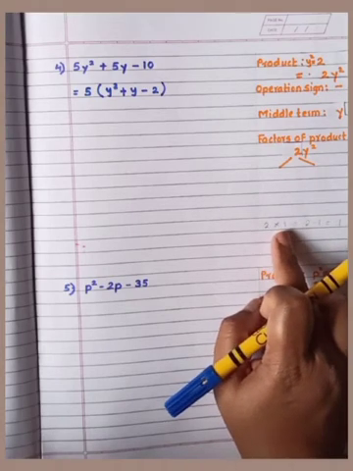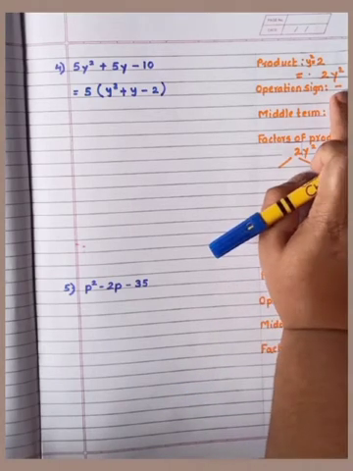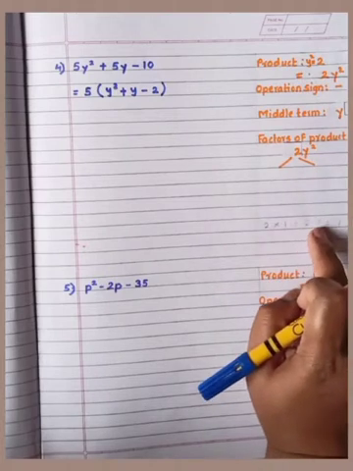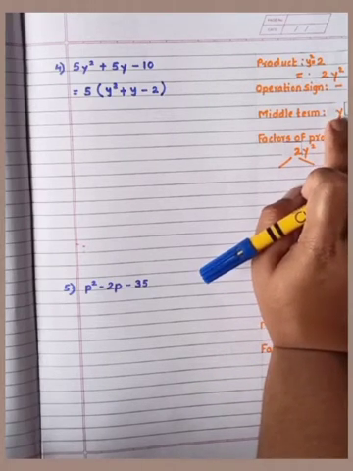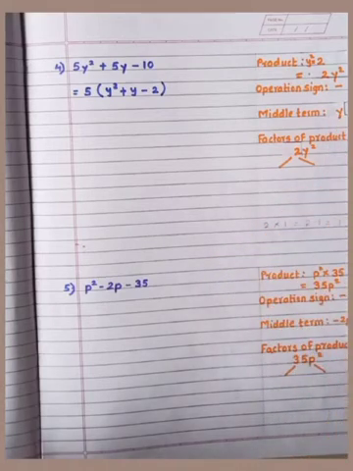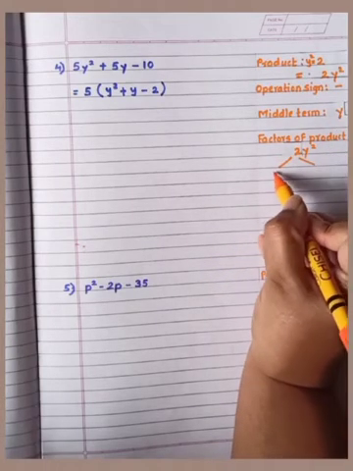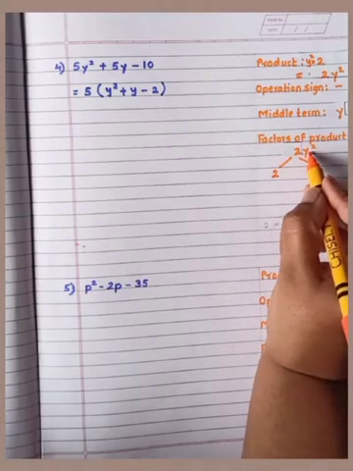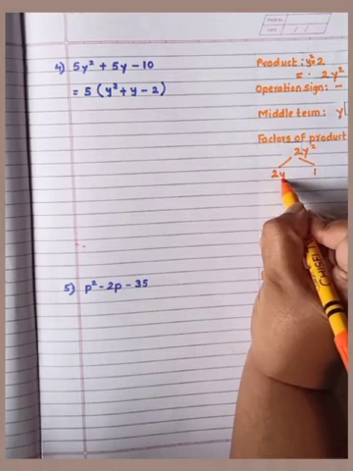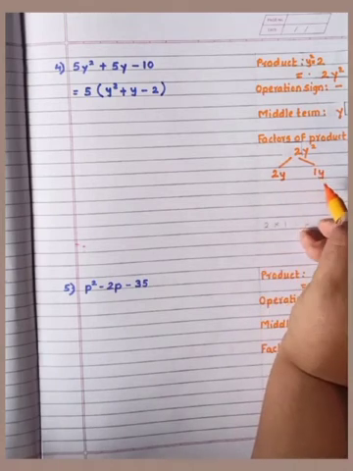So 2 ones are 2. We have to follow subtraction. So 2 minus 1 is 1. 1 means y only. So that only our middle term. So correct factors are 2 ones are 2. Okay. This y square is there.